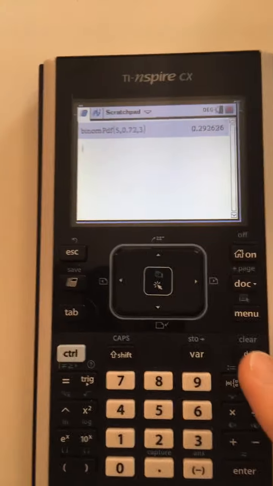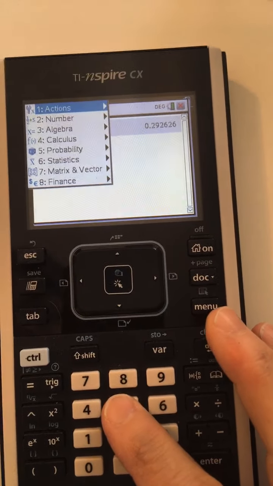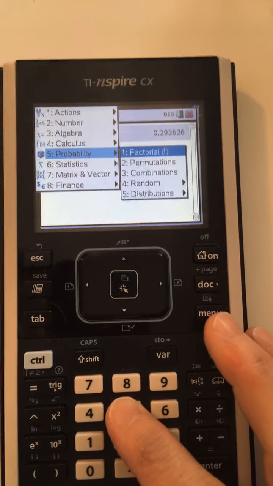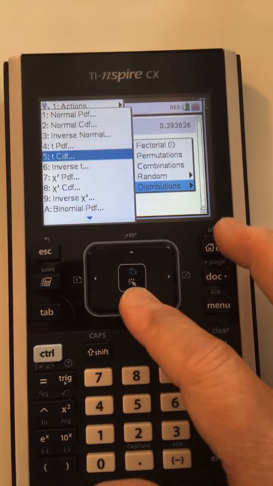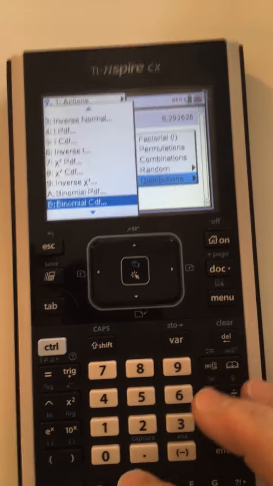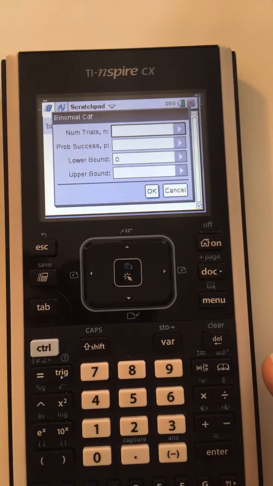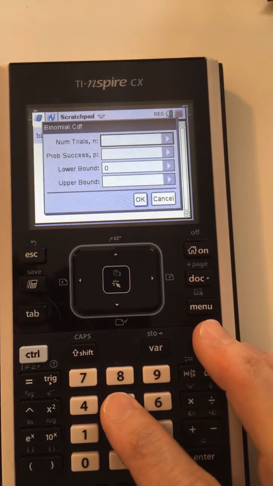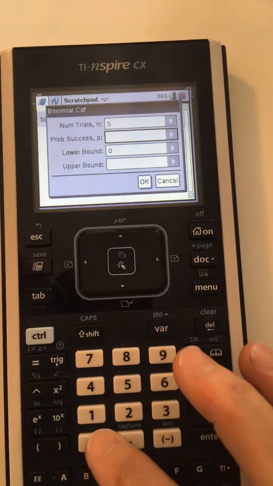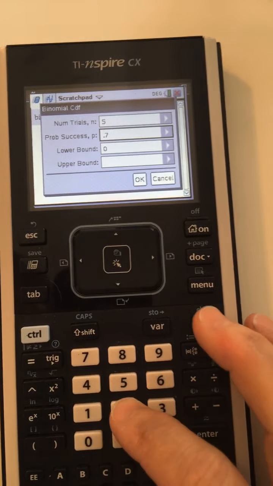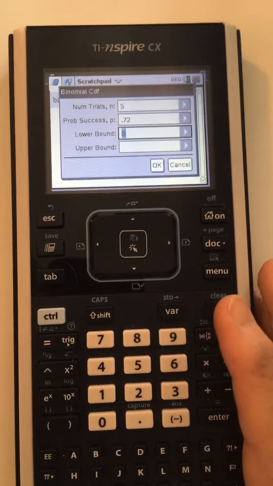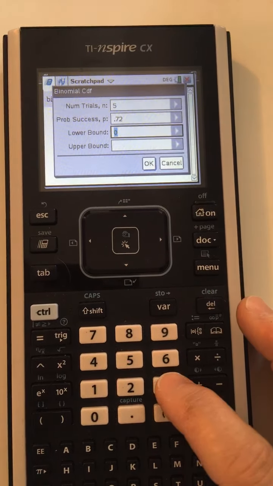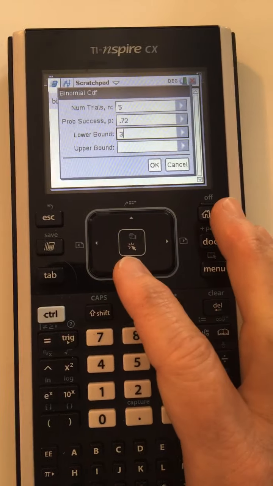Here we go. And we say menu. 5 for probability, 5 for distributions, B, or you can scroll down to find it, binomial CDF. Number of trials, yes, we're still looking at 5 trials. Probability of success is still 0.72. The lower bounds, so the smallest number, random variable X we're looking for is 3, because it said at least 3.